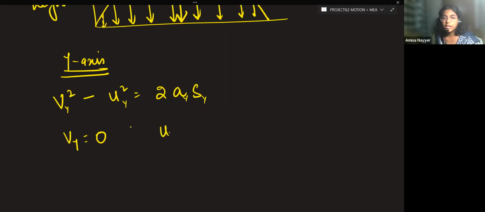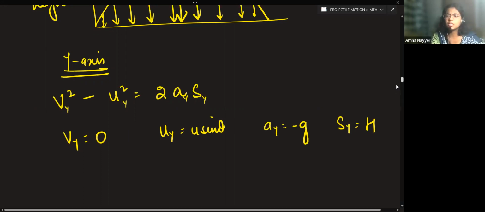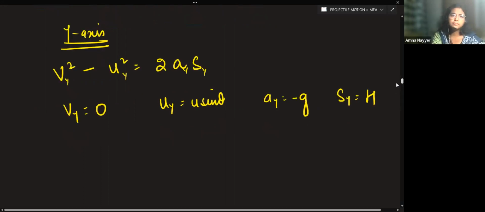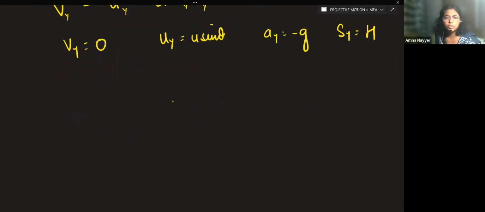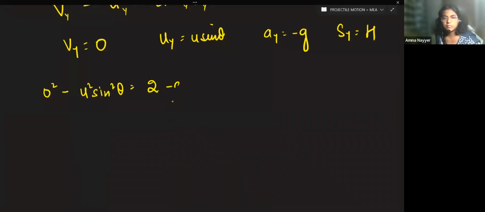Uy will be u sine theta. Ay will be minus g, acceleration due to gravity. And displacement that is covered will be h, which we are trying to find out. Now just put everything in this equation. Derivation is done. 0 square minus u square sine square theta is equal to 2a, which becomes minus g, and s is h.